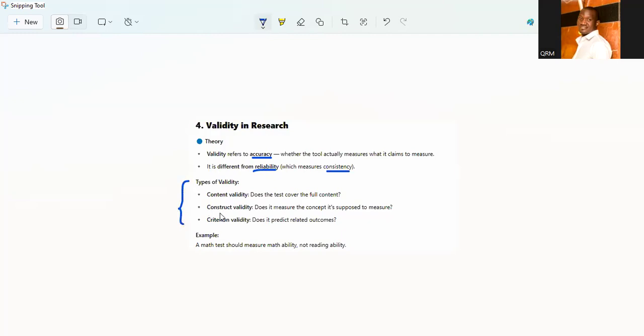Okay, so there are four types of validity. There's content, construct, criterion, and which one? The types of validity. I think I've forgotten the other one. The four types of validity and four types of reliability.